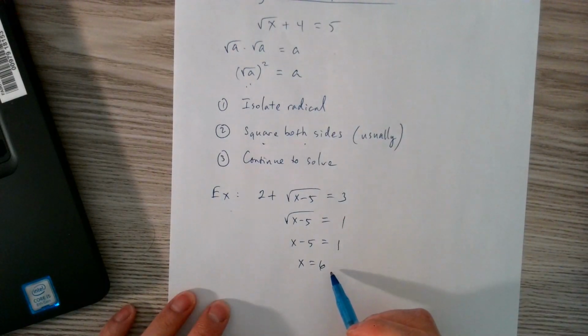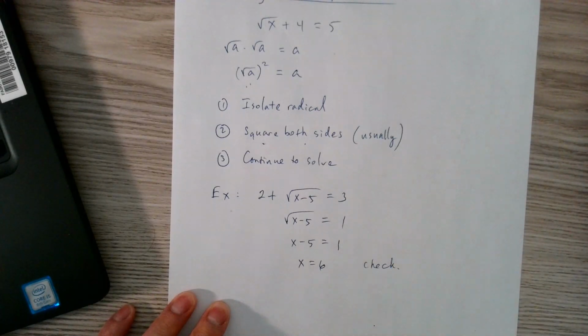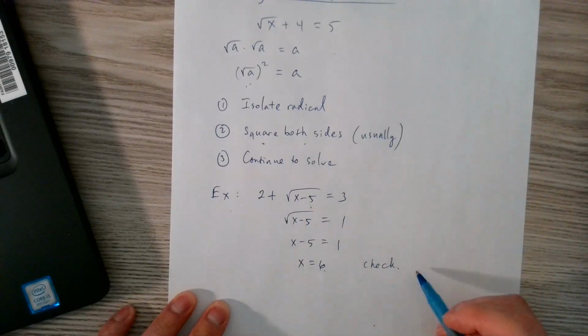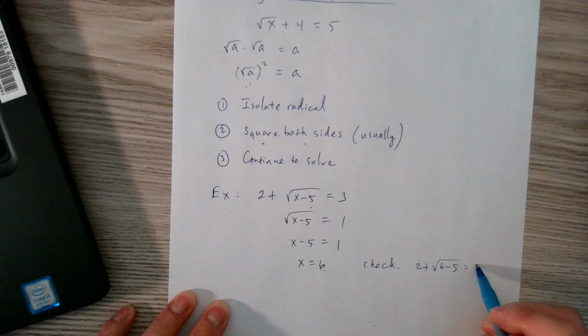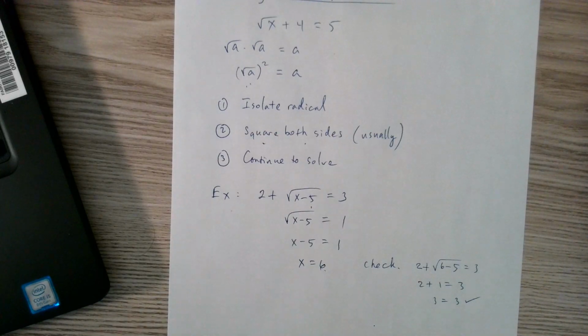And then here's a habit you really need to get into when solving radical equations, and that is checking your answer. So I'm going to plug 6 back in to the original equation. Okay, so it checks out.